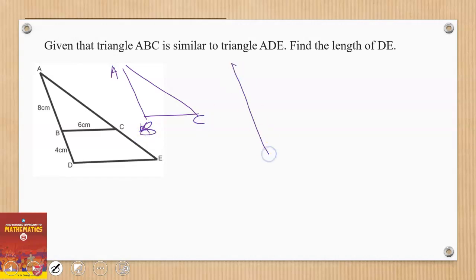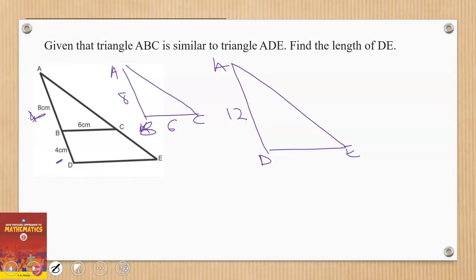Then I can also keep the bigger one also as A here, D here, and E here. Now after knowing this, I know that AB is 8 according to the question, BC is 6 according to the question, AD will be 8 plus 4, which will be 12.